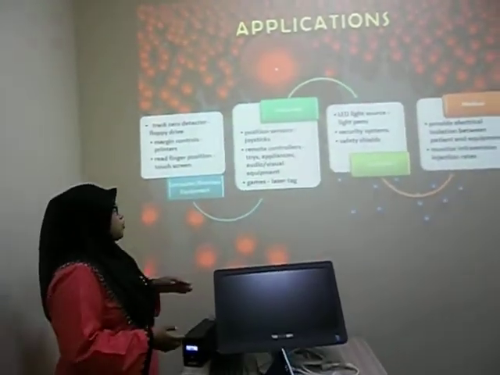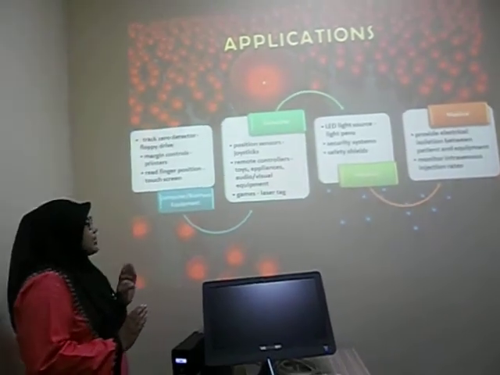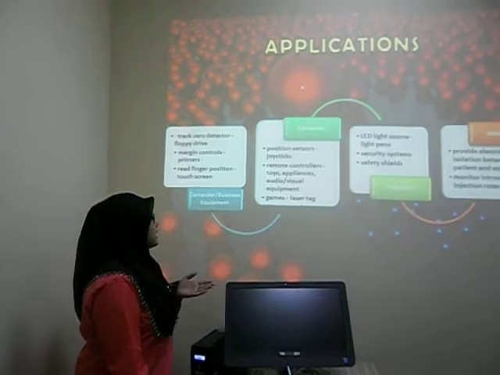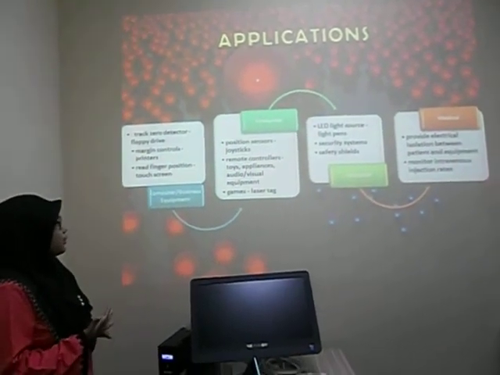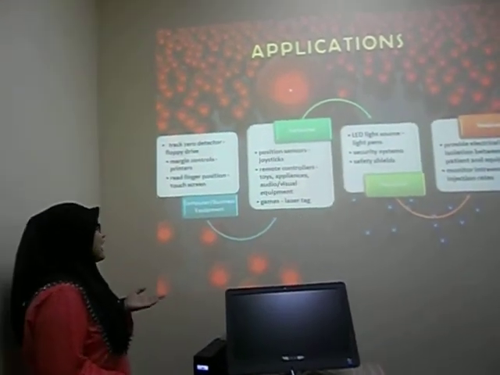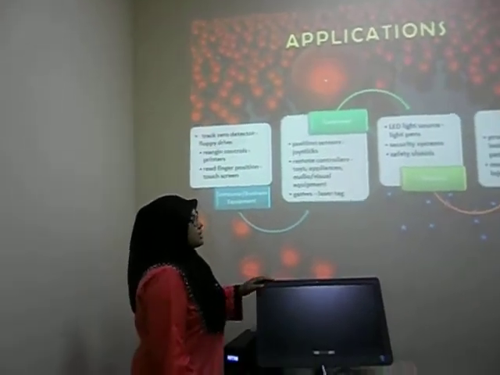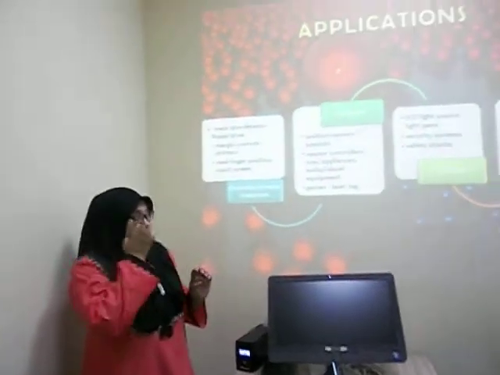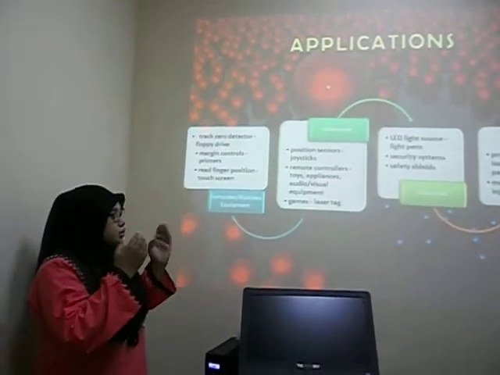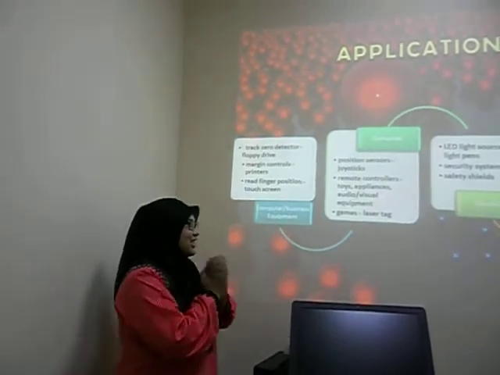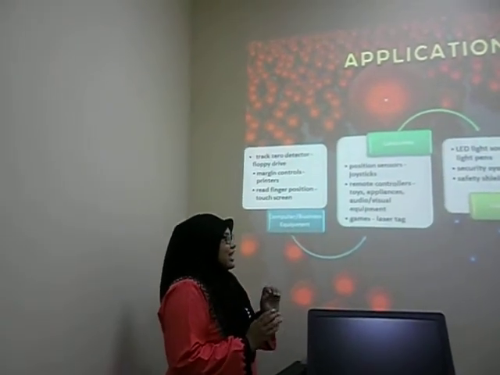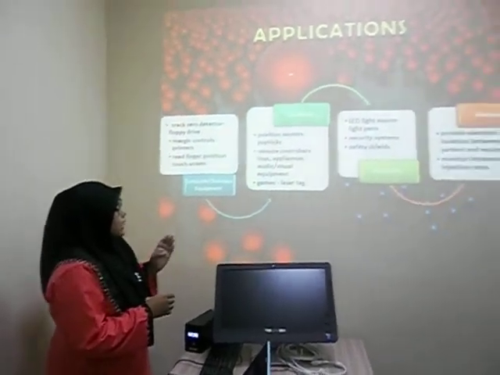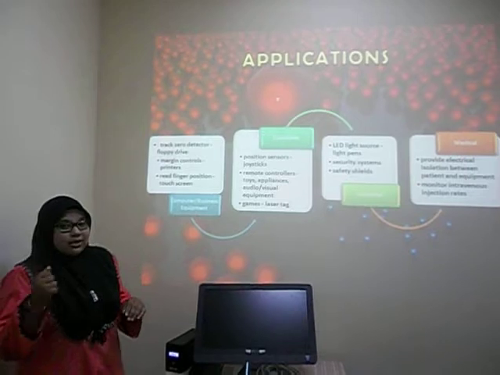Next, the consumer: the position sensor. For example, joysticks, remote controllers such as for toys, appliances, audio-visual equipment, and games, the laser tag. And for industrial, nowadays more and more people use the phototransistor for security systems and safety shades, and also use an LED light source like a pen.